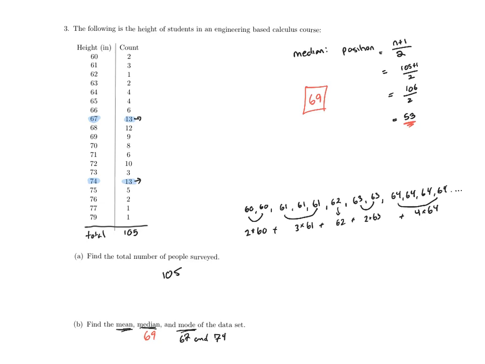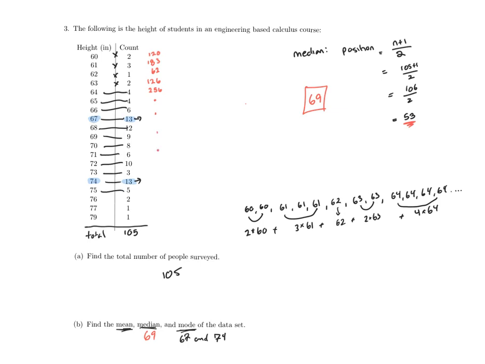An easier way of thinking about this is to come up to the top, and really what I'm doing is taking 60 times 2, 61 times 3, 62 times 1, 63 times 2, and so forth. So I'm multiplying across here. And that's because, once again, adding up 68 12 times is the same as taking 12 times 68. So to find the mean, I'll multiply across here.